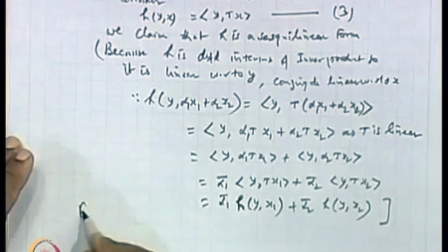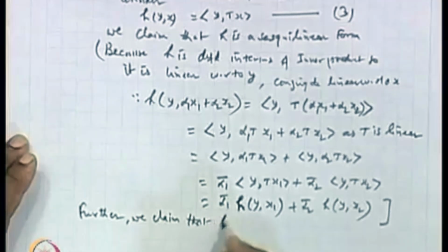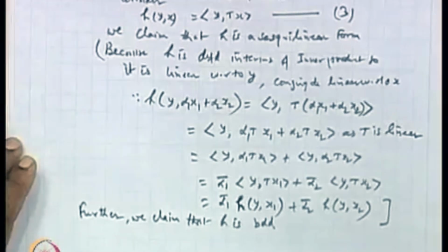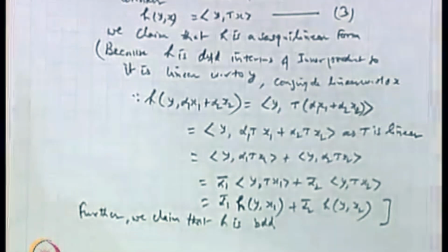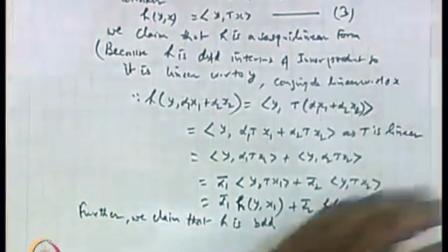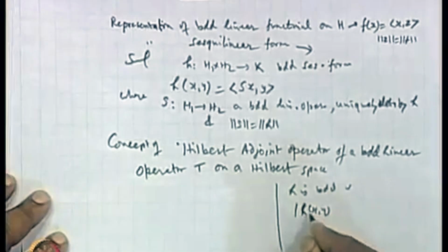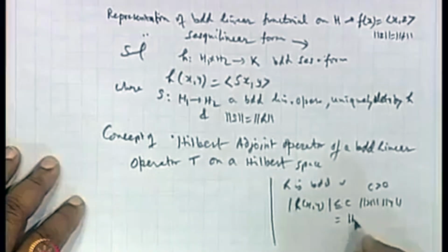Further we claim that h is bounded. Bounded means a sesquilinear form h is said to be bounded if mod of h(y, x) is less than or equal to c times norm x norm y, where c is some real number and the minimum value of c comes out to be norm h.